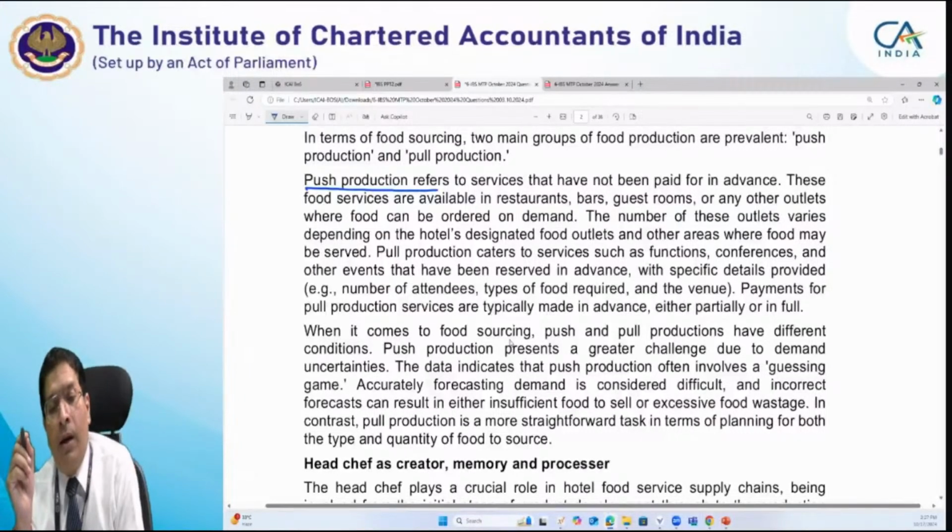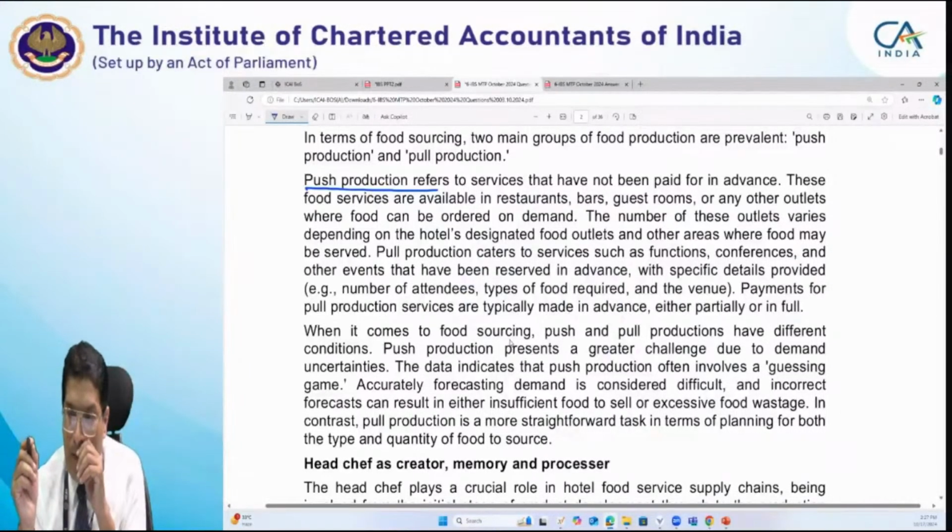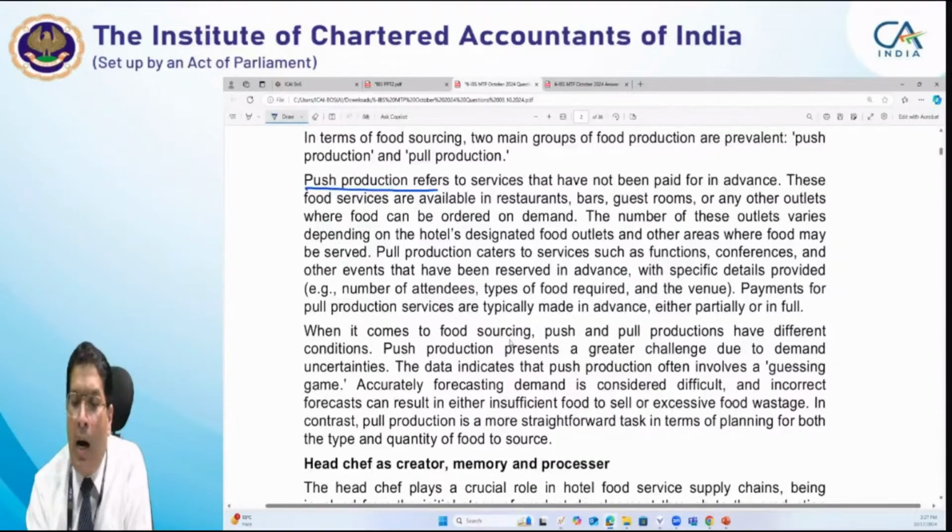Push production refers to services that have not been paid for in advance. These food services are available in restaurants, bar, guest rooms, or any other outlets where food can be ordered on demand. The number of these outlets varies depending on hotels' designated food outlets and other areas where food may be served.